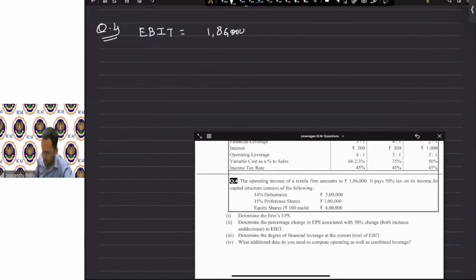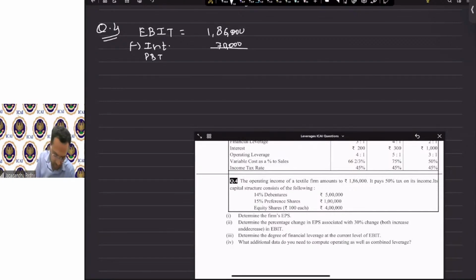It pays 50% tax on its income. Its capital structure consists of the following. From EBIT, we subtract the interest, which is 14% of 5 lakh, that is 70,000.